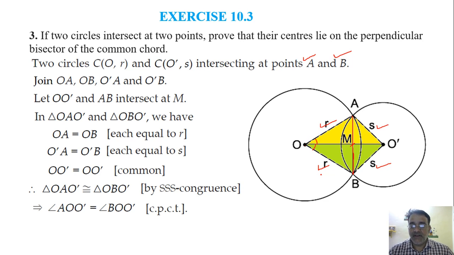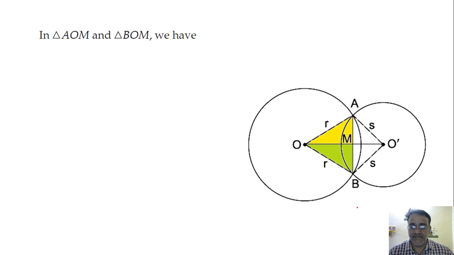Now after that, we are going to take these two triangles AOM and BOM. So this will imply angle AOM is equal to angle BOM because they belong to the same angle. So let us take those two triangles, ये दोनों triangles: these two sides are equal, radii of the circle, and these two angles are equal, proved above, and this is the common side.